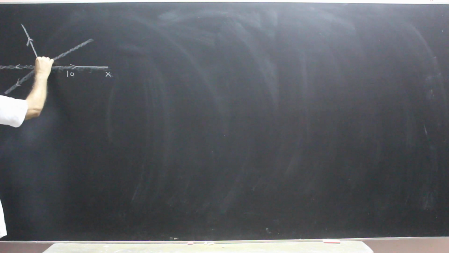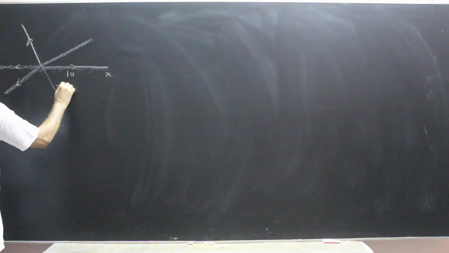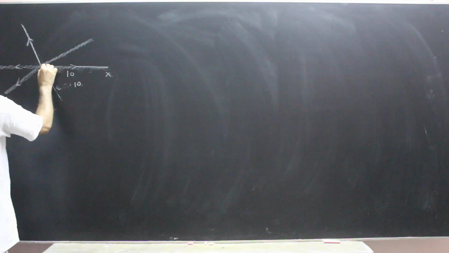This vector of 10 unit makes an angle of 0 degree, this one 60 degree, this of course 120 degree, this 180 degree, this 240, this 300, each of magnitude 10 unit.